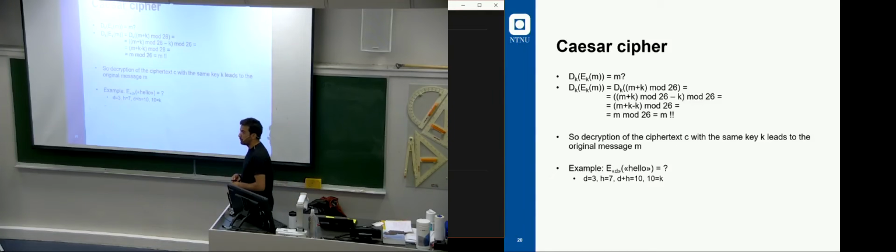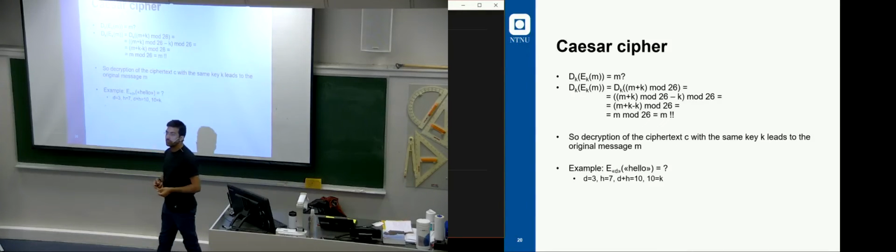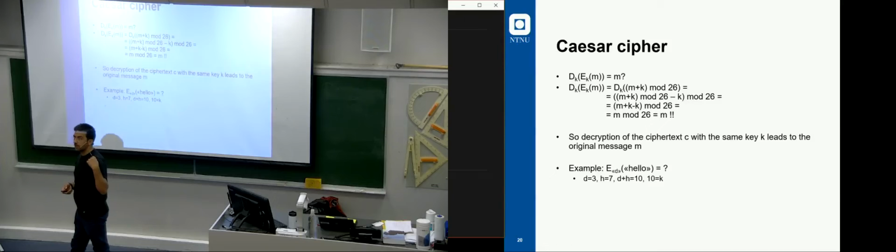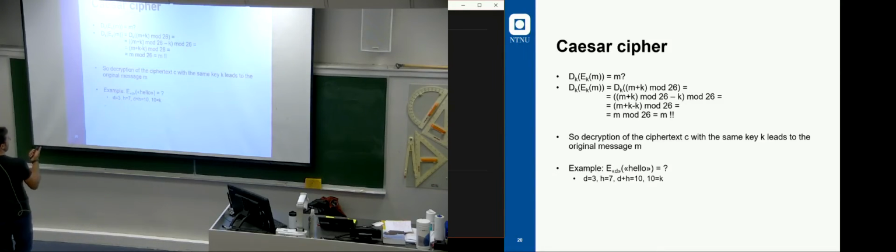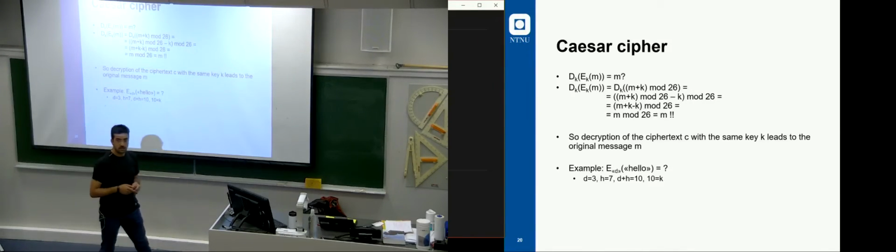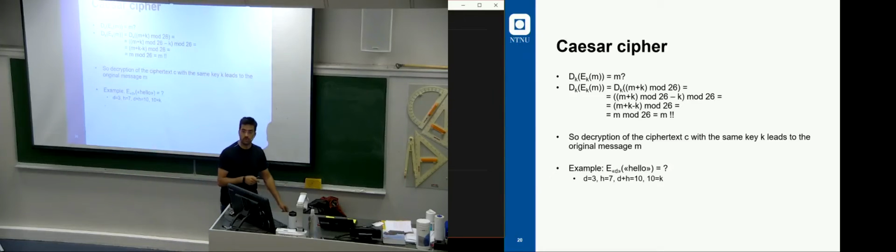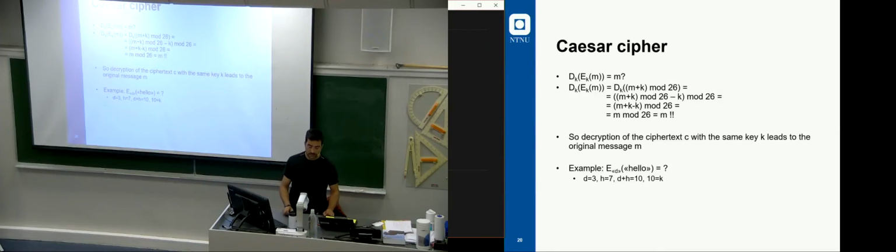Can you tell me what will be the other letters in HELLO? H, I told you, it will be K. Yeah? Can you calculate the others as well? Give it a try.